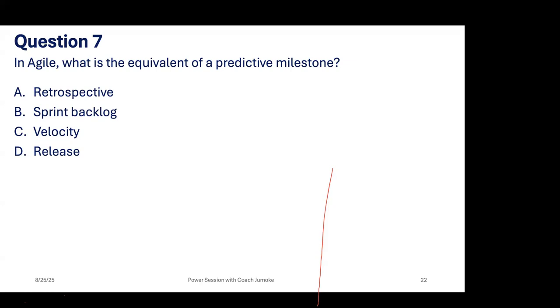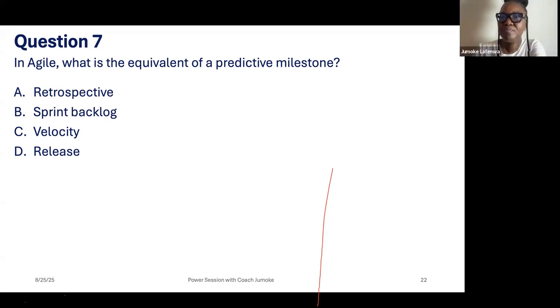The release is like the output in terms of agile work. If the agile team has done their work, the release is the output. So in terms of the question asking for the milestone, I think release would be the best response. Okay. Thank you.